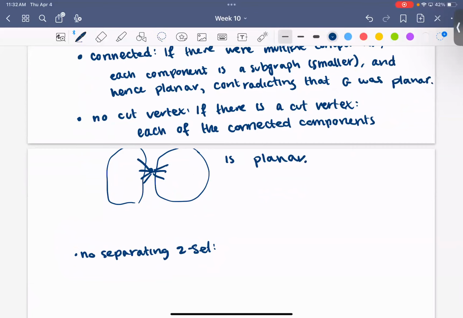And then I can piece together the planar embeddings, however many connected components there are, to get a planar embedding of all of G.